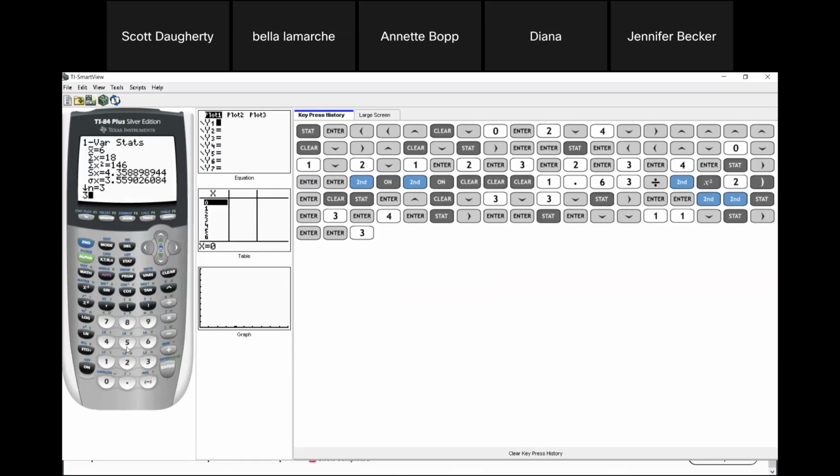It's 3.5559 squared, and it's actually 12 and 2/3. I rounded it off. It's actually 12 and 2/3.